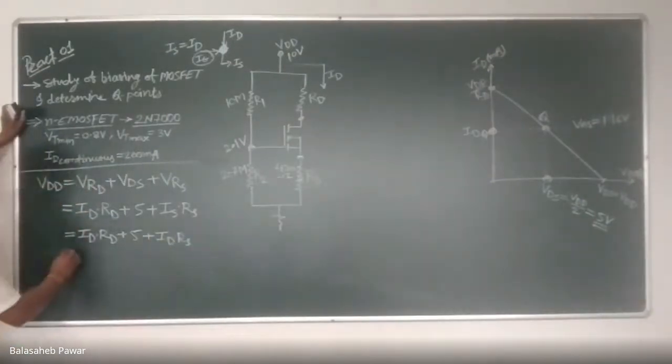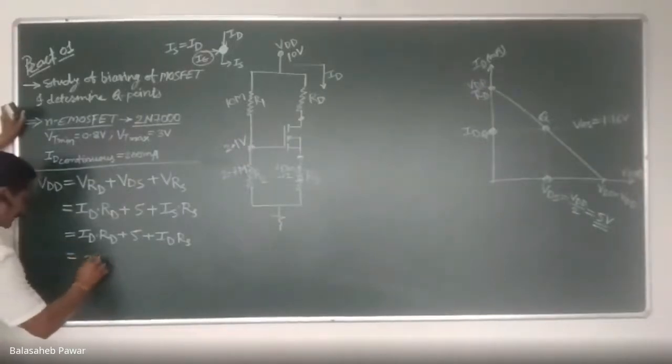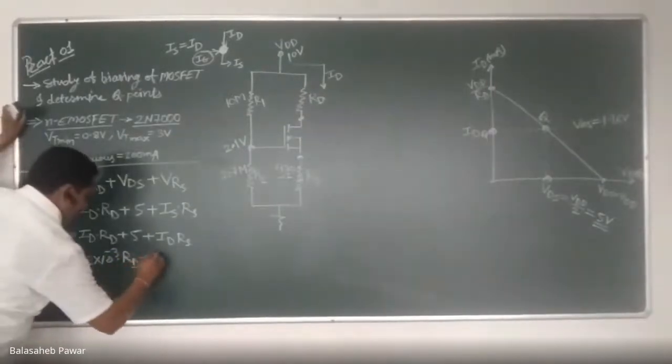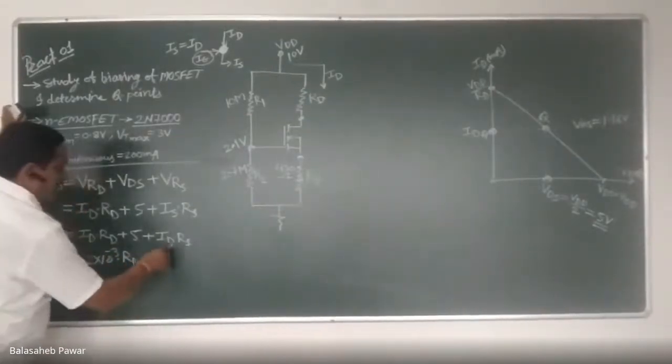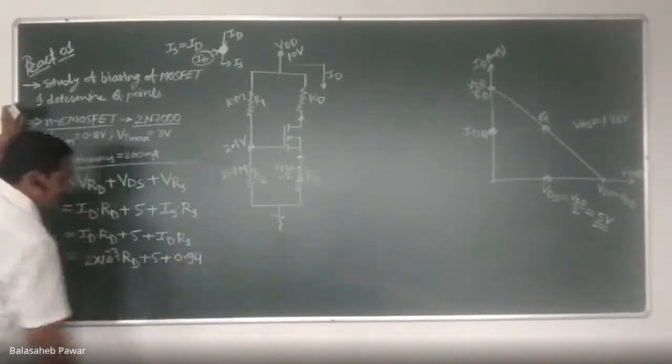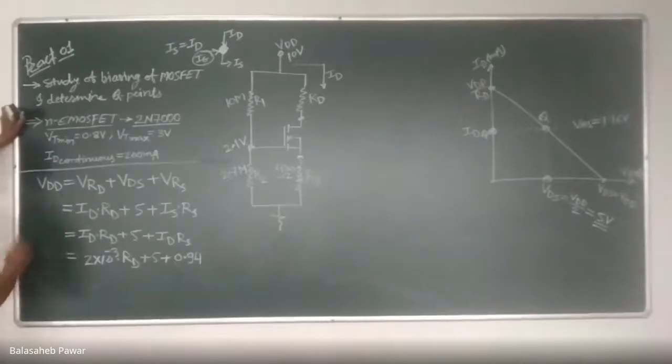right? Equals to, ID is how much? 2 milliampere. 2 into 10 raised to minus 3 into RD, that we have to find out, plus 5 plus ID into RS, which is 0.94. Am I right? And this VDD is 10 volts. So you can find out the value of this RD.